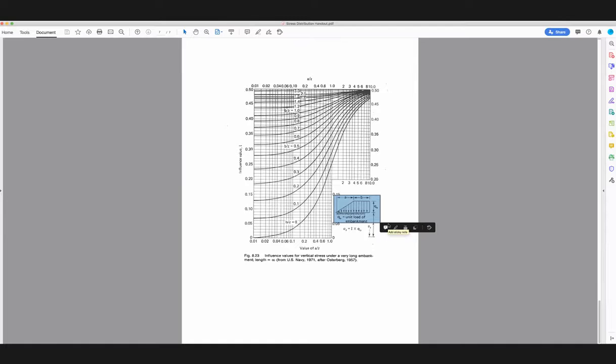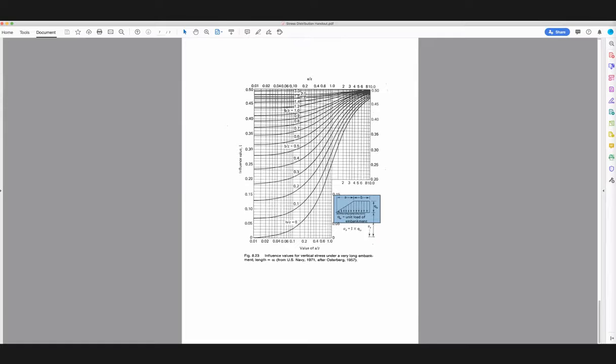So just to clarify with that last scenario you showed, first we would do the normal, find the normal influence factor for that whole embankment. And then we would find the influence factors of those small triangles without the B values. That is correct.